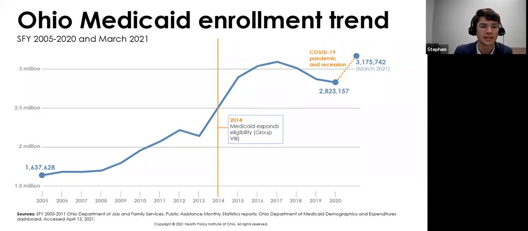But the opposite can also be true. A strong economy can lead to reductions in Medicaid enrollment as people return to work more hours, or earn higher wages. And in addition to events and occurrences like the COVID-19 pandemic, policies such as the expansion of Medicaid eligibility to adults without dependents in 2014 can also impact enrollment.